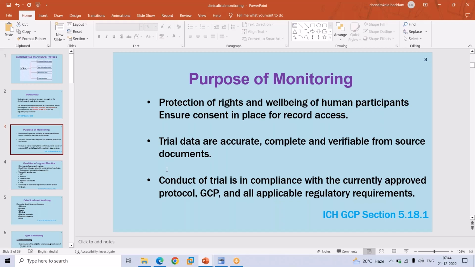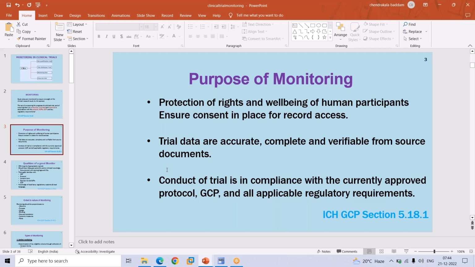Also, whatever data is generated and collected, we'll ensure the data is accurate. That means by monitoring the study, we'll ensure the trial data is accurate, complete, and verifiable from the source documents.